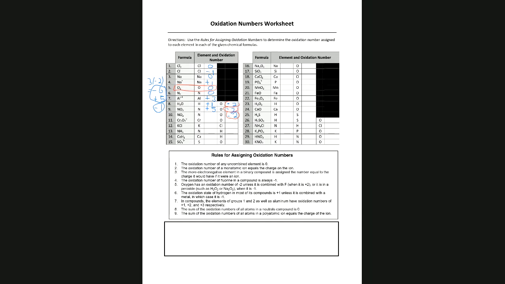So 2 times -2 is -4. I'm trying to erase some things. So +1. Well, if we make nitrogen +1, let me do the math over here if I can get this thing to stop moving around.